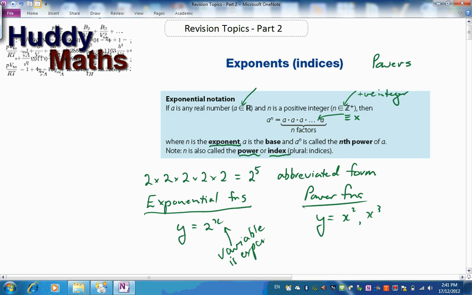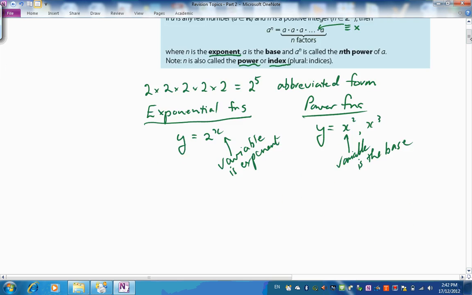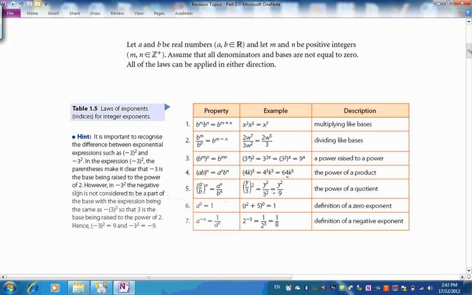And in power functions, to distinguish that difference, they've both got powers, but this time the variable is the base. The variable is what we call the base of the power expression. So later on we do make a distinction between the word exponent for that number up the top and power in those functions.